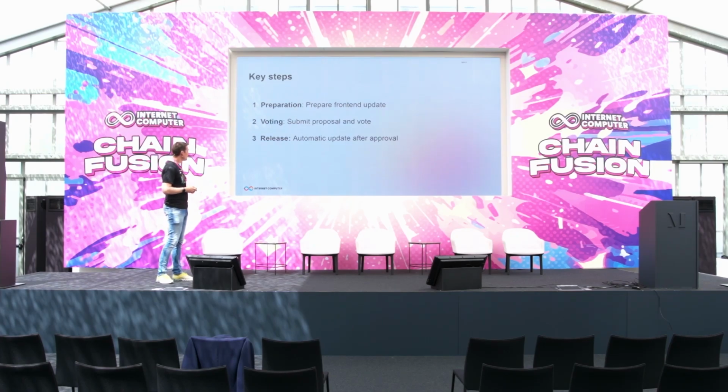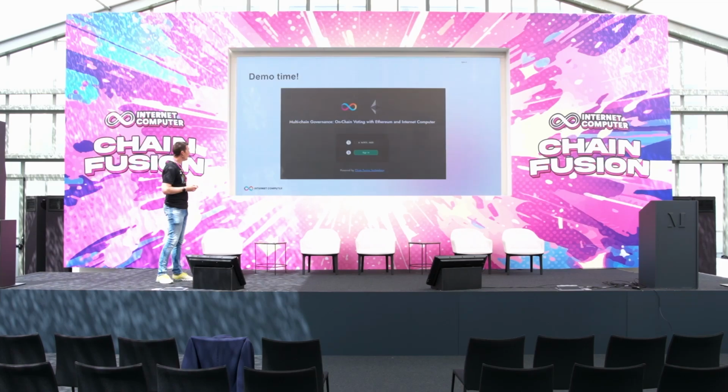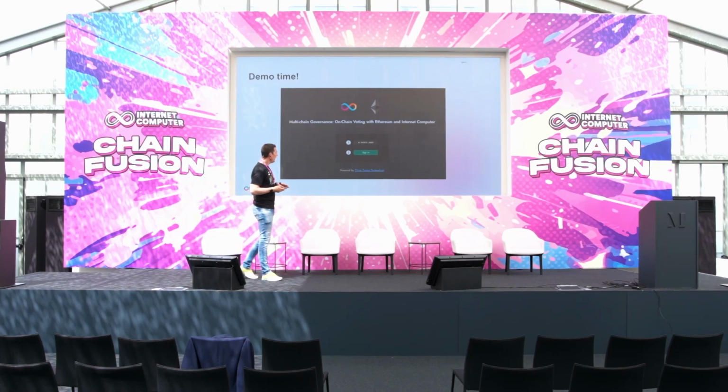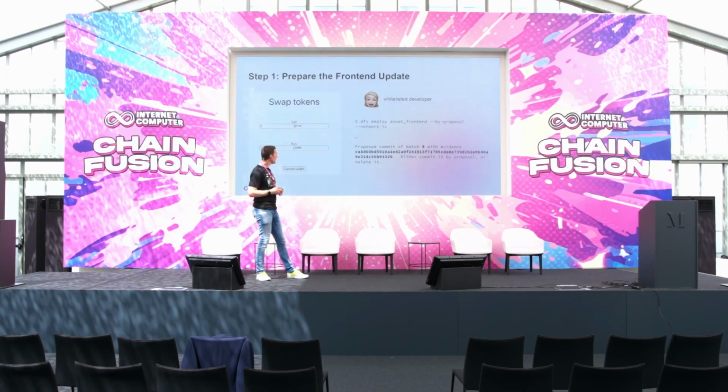Yes, so I think that's actually the key steps. So let me show you some screenshots. So you would log in with your MetaMask. So that would be straightforward. The first step is this preparation.